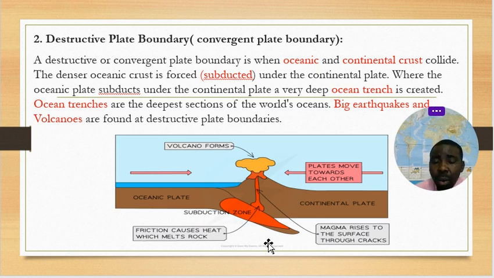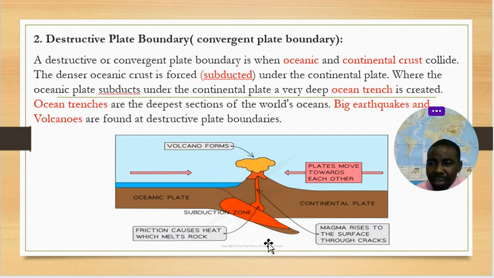When oceanic and continental collide, it is always disastrous, very, very disastrous. It causes volcanic eruption and it also causes earthquakes. So take note of this. Number one, the plates move towards each other. It involves continental and oceanic.